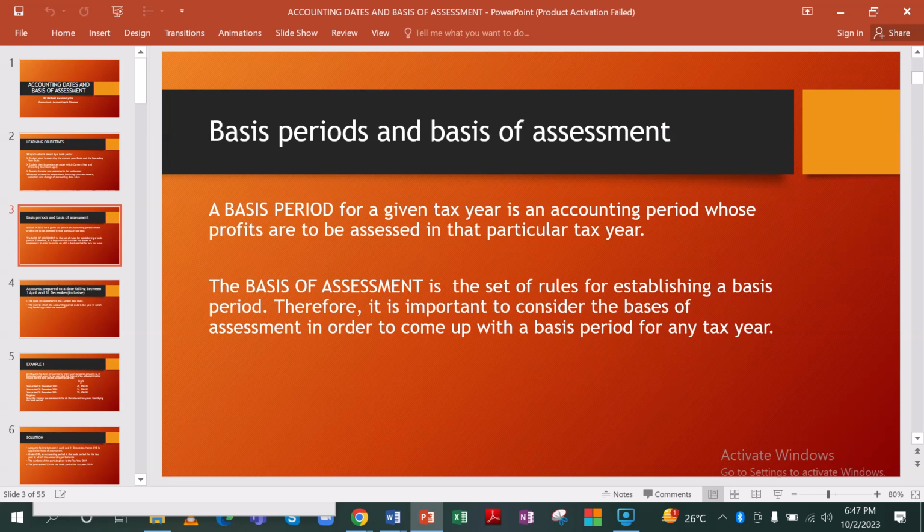So that's the emphasis being laid there. Given that we have these two definitions, let's see how we make use of this knowledge by way of looking at an example.